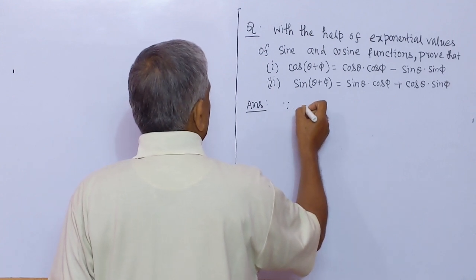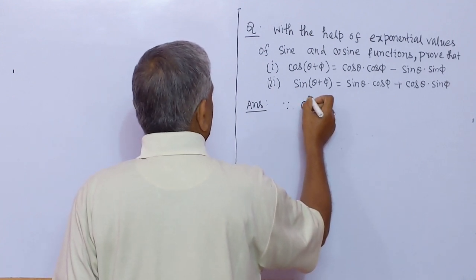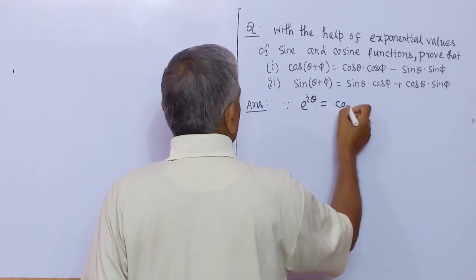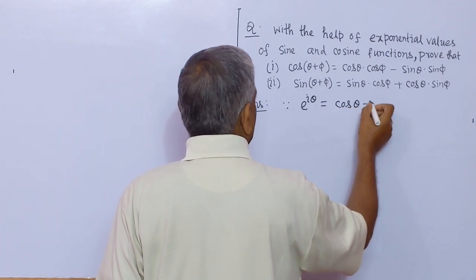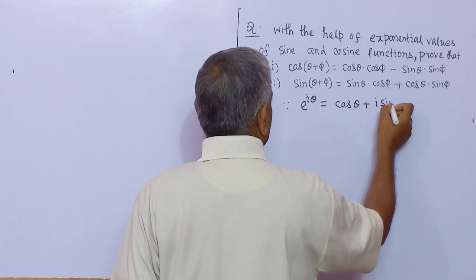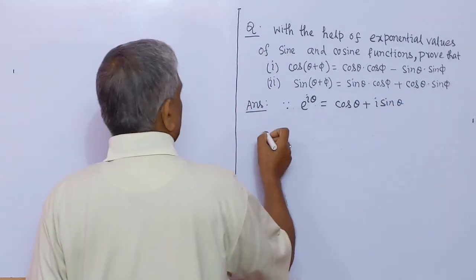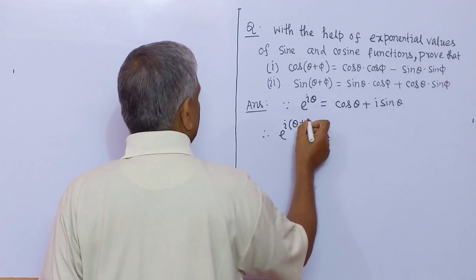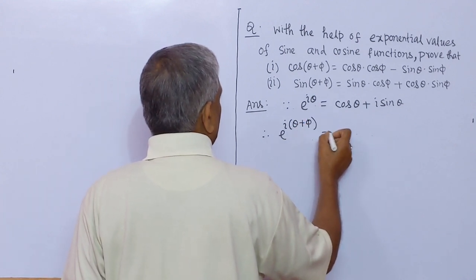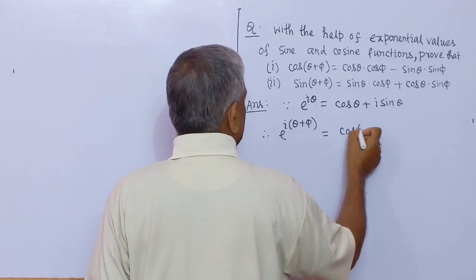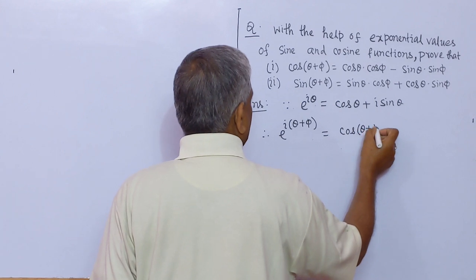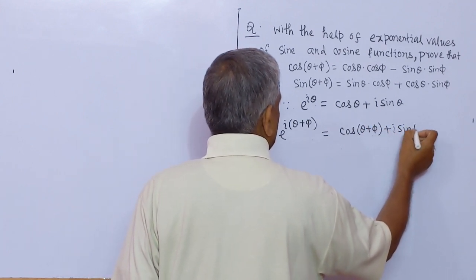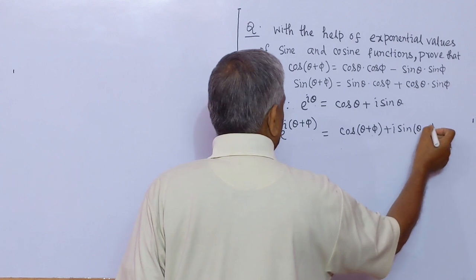Since e to the power I theta equal to cos theta plus I sin theta, therefore e to the power I theta plus phi equal to cos theta plus phi plus I sin theta plus phi.